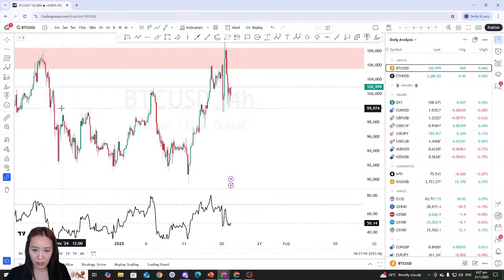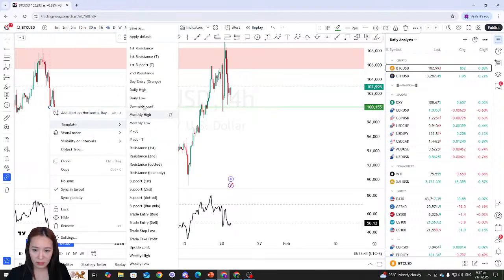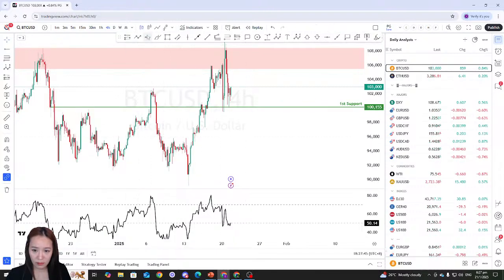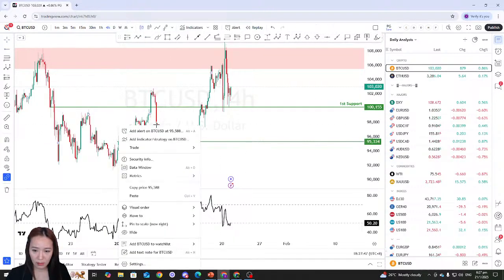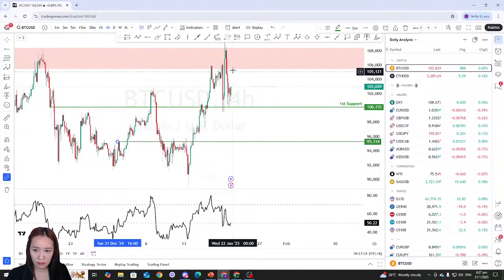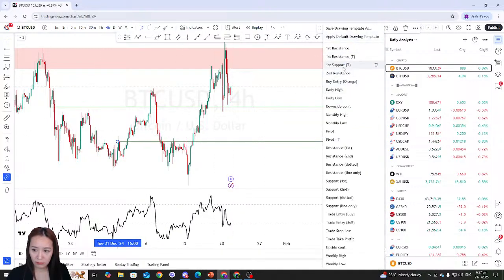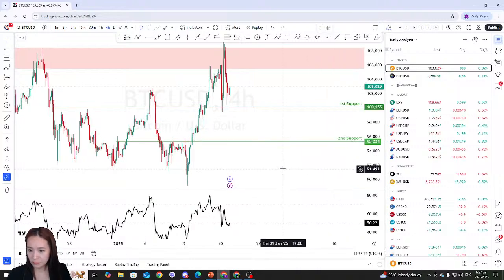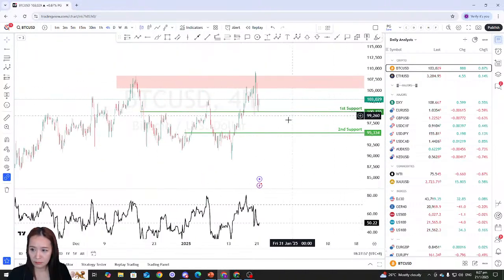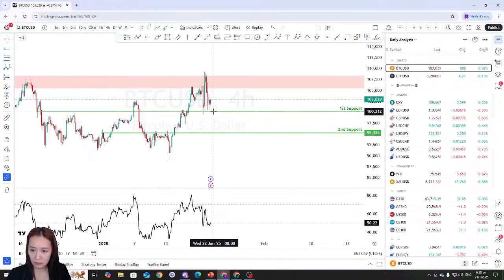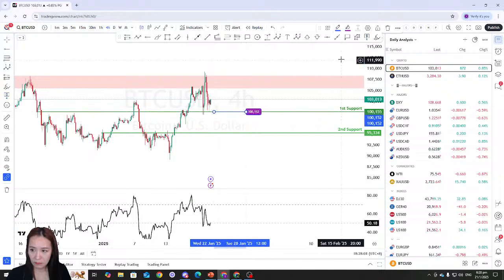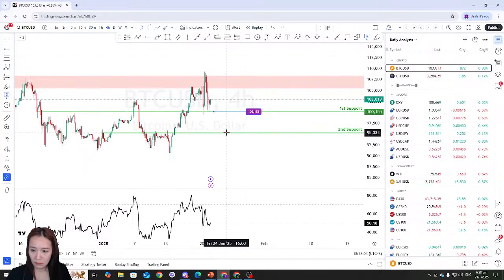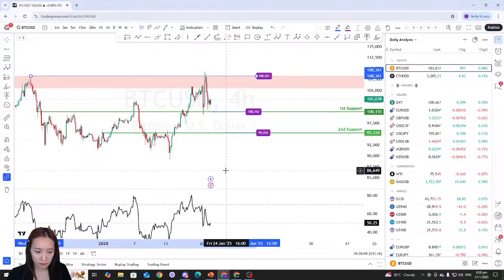I would identify this as the first support, and this is my second support. This is the resistance.